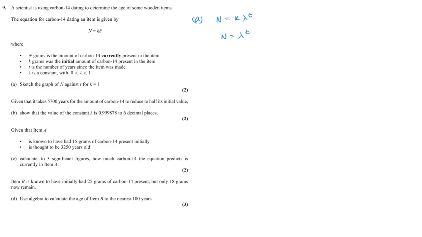exponential graph, which you would assume went like this, but it tells me here, when I look down here, lambda is between 0 and 1.